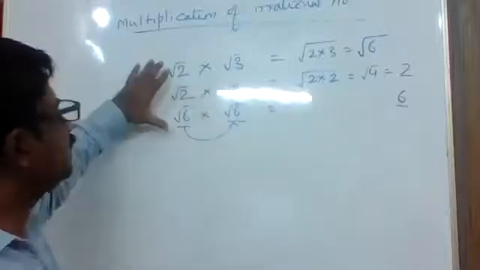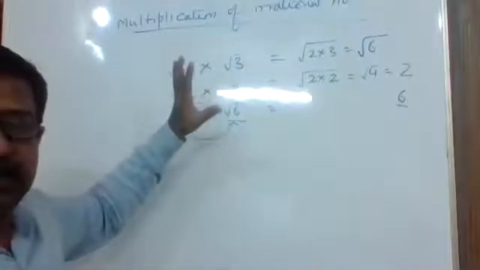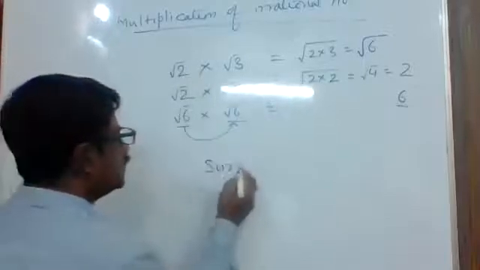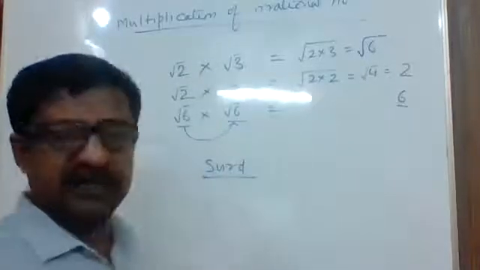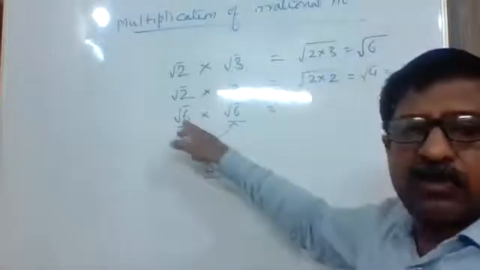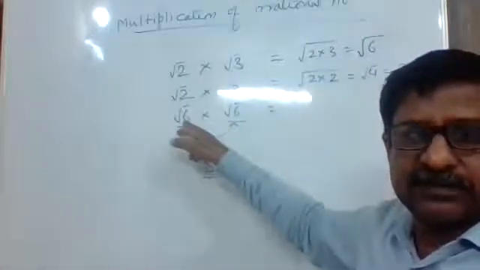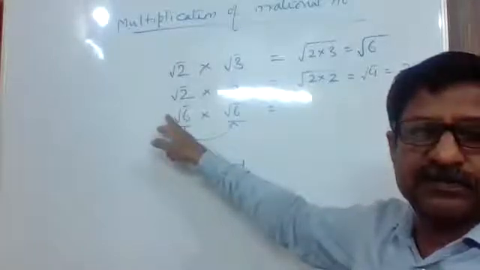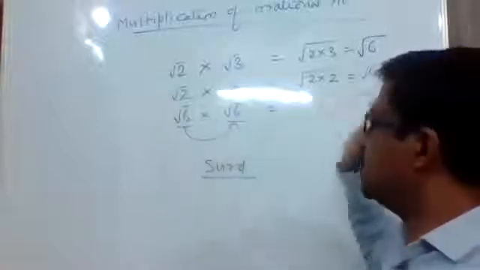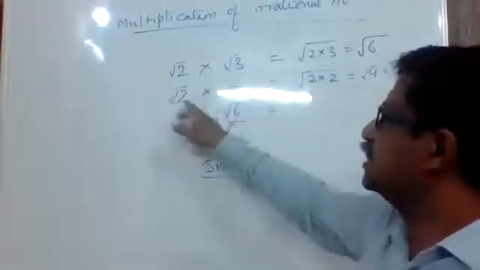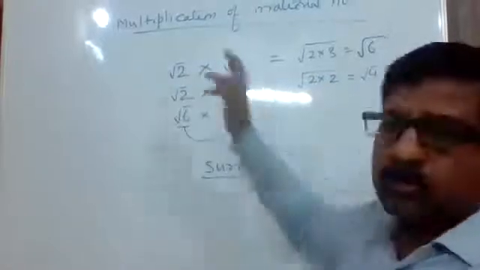These are simple numbers where I've taken the surd, I'm using the word surd, which is actually an irrational number, where all these are pure surds. Pure surd means outside there is no number. In such cases, while multiplying, root 6 into root 6 is 6, root 2 into root 2 is 2, root 2 into root 3 is root 6.